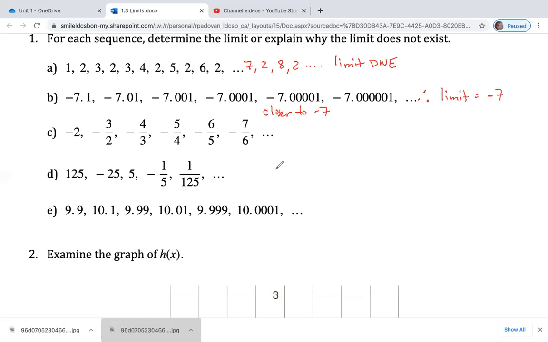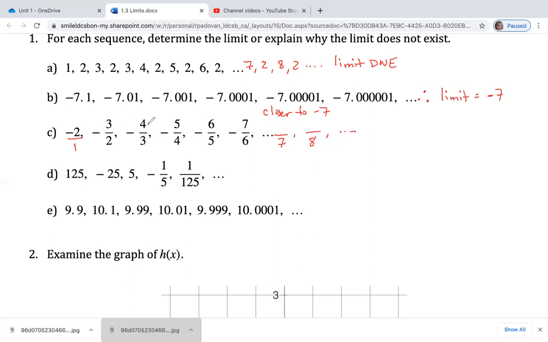How about the next one here? If I see fractions, this is -2, or I could say -2/1. I'll give you a second to take a look at what that pattern might be. How would I continue on with that pattern? So I have 1, 2, 3, 4, 5, 6 as the denominator, right? So the next one would have 7 as the denominator, then 8, then 9, and so on.